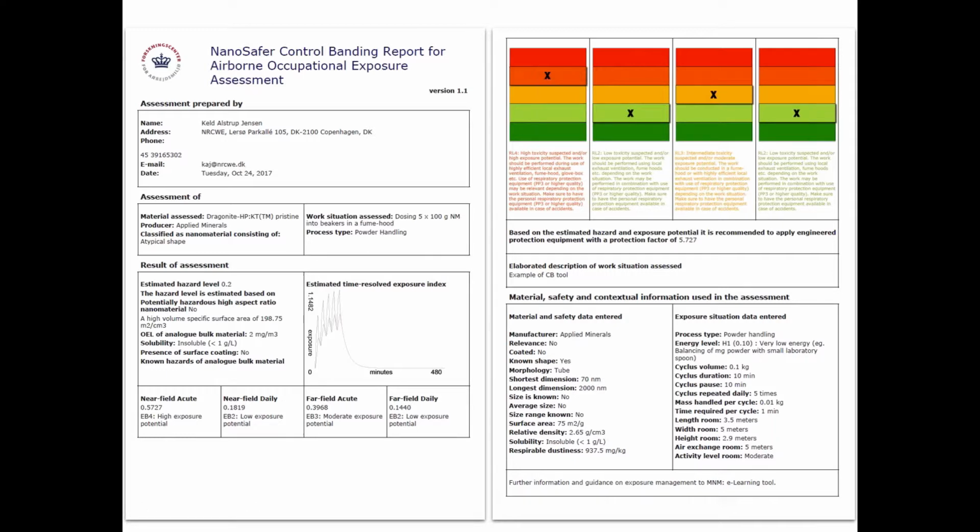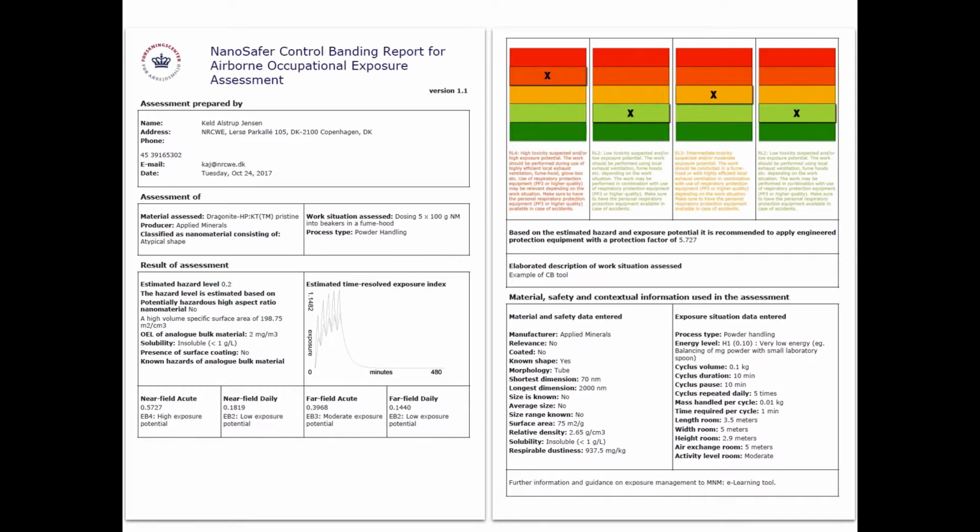So when you have done an assessment, there is a direct assessment available on the web, but you can also print a PDF of your assessment, and this is an example of the PDF of a NanoSafer control banding report, and again it focuses on airborne occupational exposure.